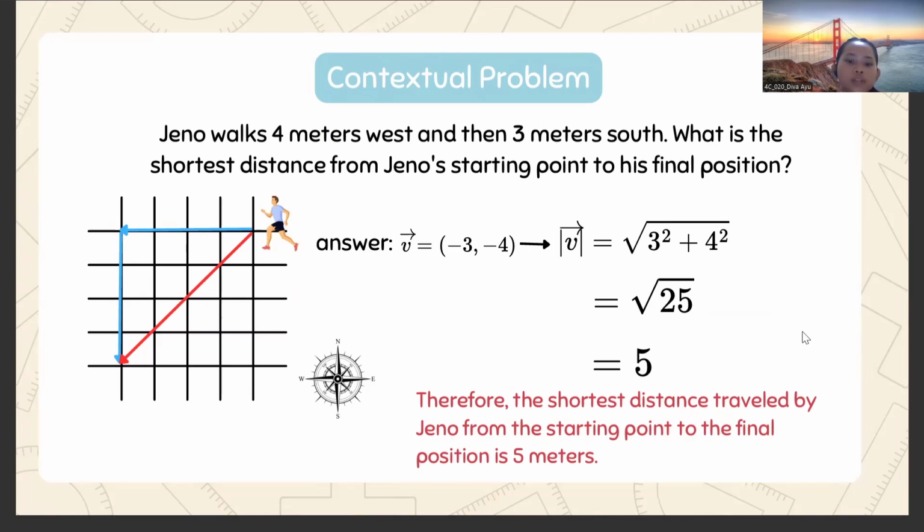These two movements form a right triangle, so using the Pythagoras theorem, the displacement is the square root of 4 squared plus 3 squared, which equals the square root of 16 plus 9, or the square root of 25, which is 5 meters. Therefore, the shortest distance between Gino's starting point and final position is 5 meters. This shortest distance is called the resultant vector or displacement.